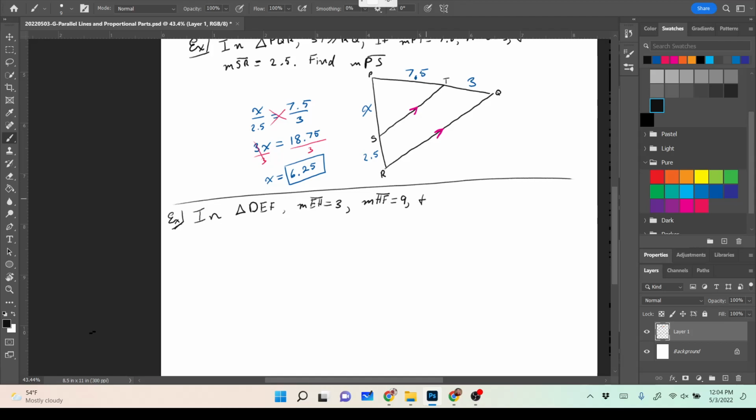And the measure of DG is 1/3 the measure of GF.